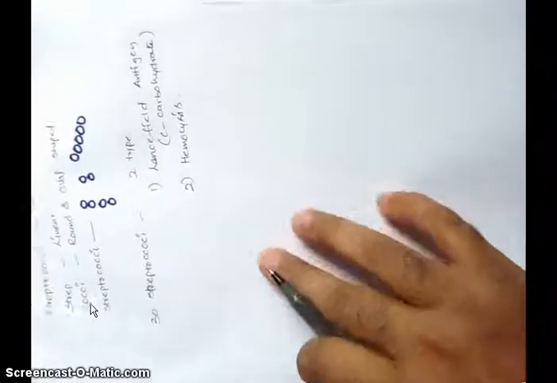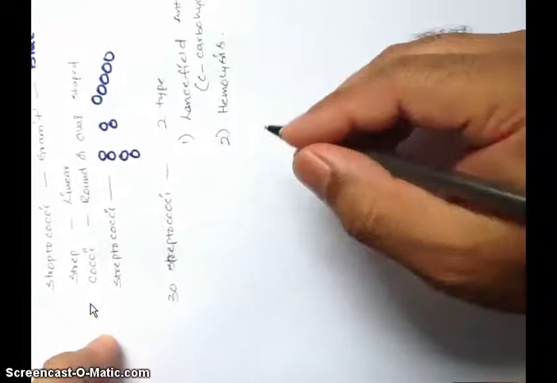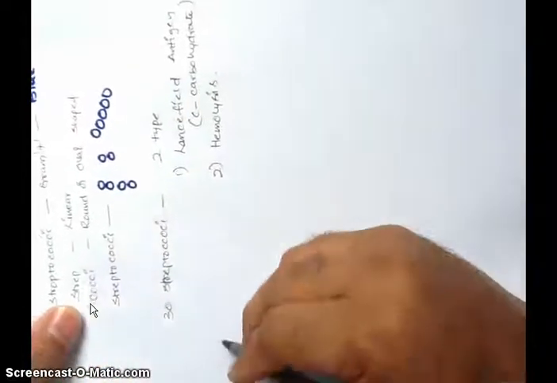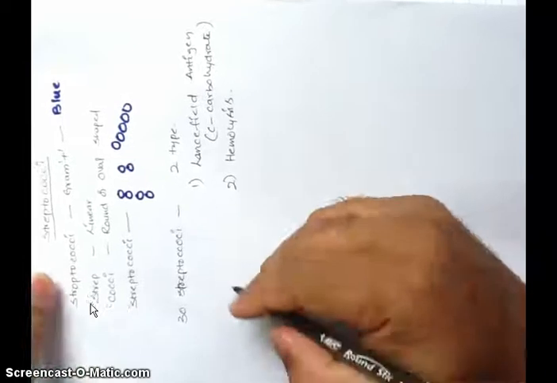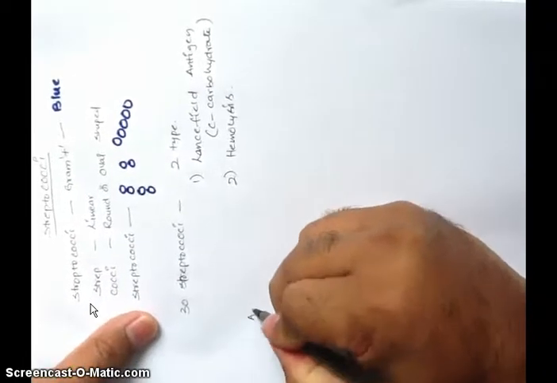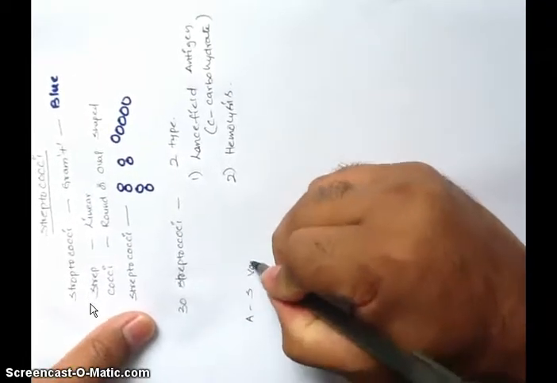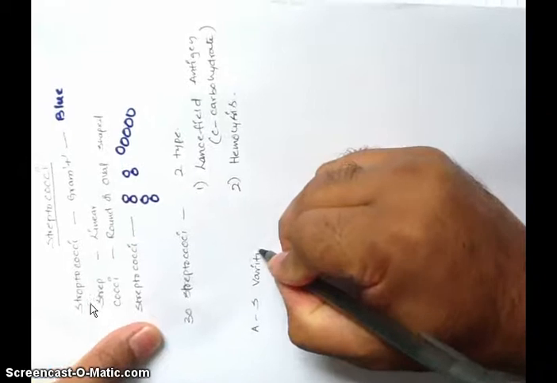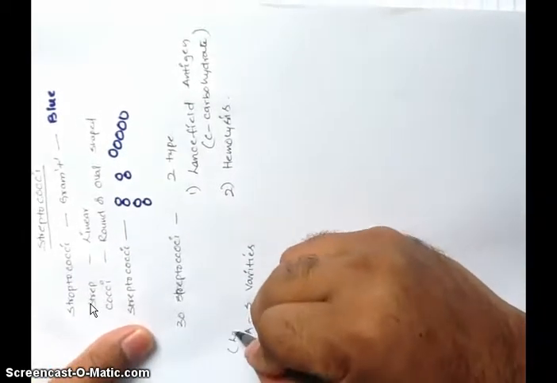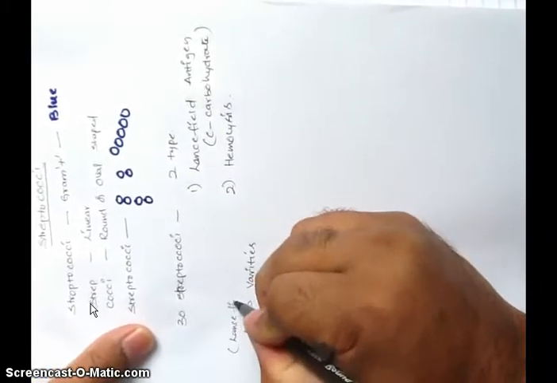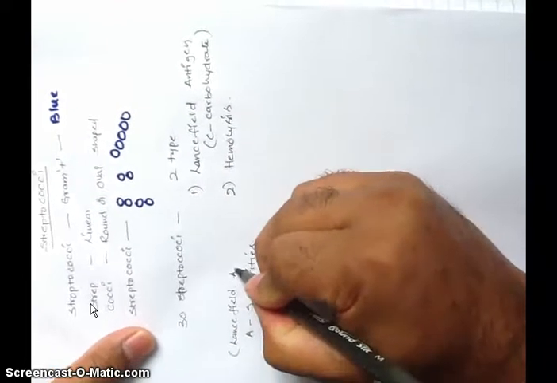First we'll see the Lancefield classification. Depending upon the C carbohydrate structure, there are A to S varieties, depending on the Lancefield antigen.